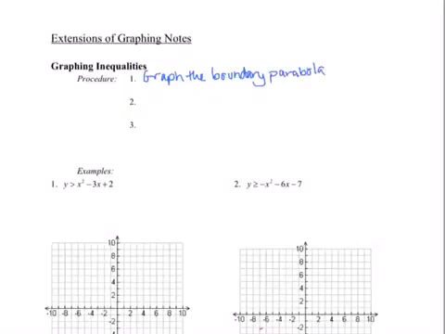And you're going to keep in mind that if the inequality is just less than or greater than, you're going to use a dashed line. And if it's or equal to, then you're going to use a solid line. Okay, step 2 is you're going to pick a test point not on the parabola.